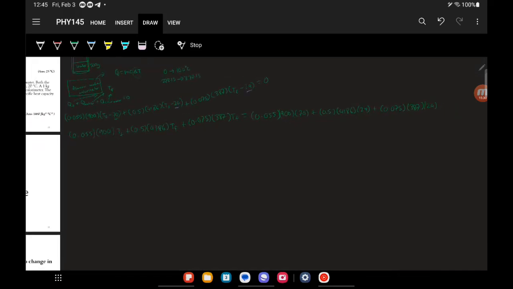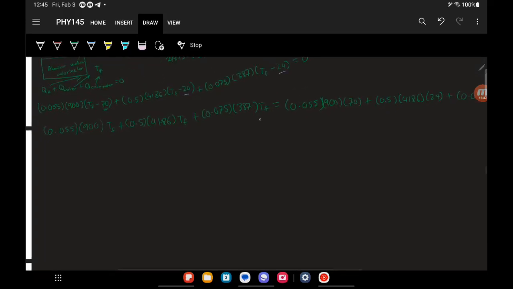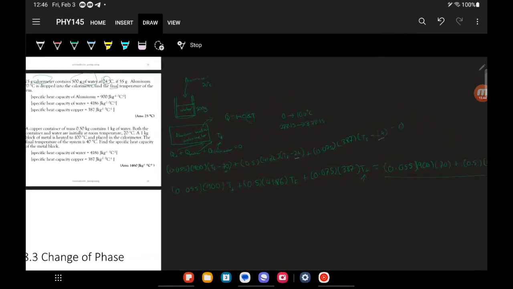Remember that we still want to find TF, so you factorize the TF, and then everything that is left, put it at the bottom, then solve that. You should get the answer there.